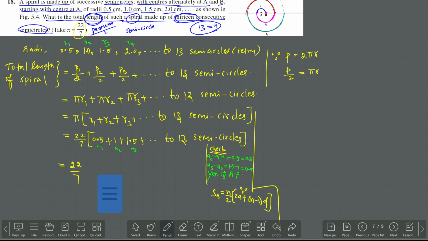What is the n value? 13. So 13 divided by 2, open bracket, 2 times a. A value is 0.5, plus n minus 1, that means 13 minus 1, 12. Is it understood? Then the d value, we'll mention it here somewhere.